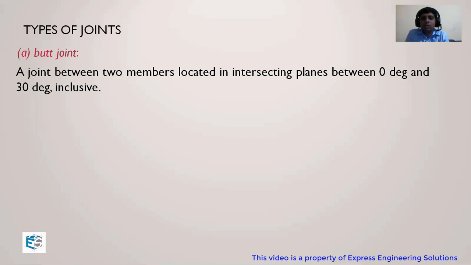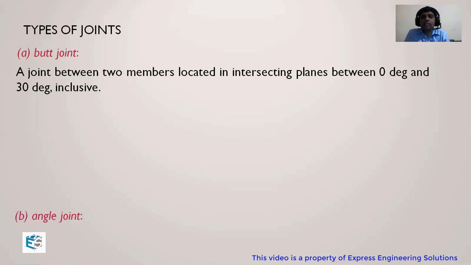If both the things are just facing one another, that is called abutting with one another, right? So if the angle between them is 0 to 30 degree, within this span, it will be defined as a butt joint.